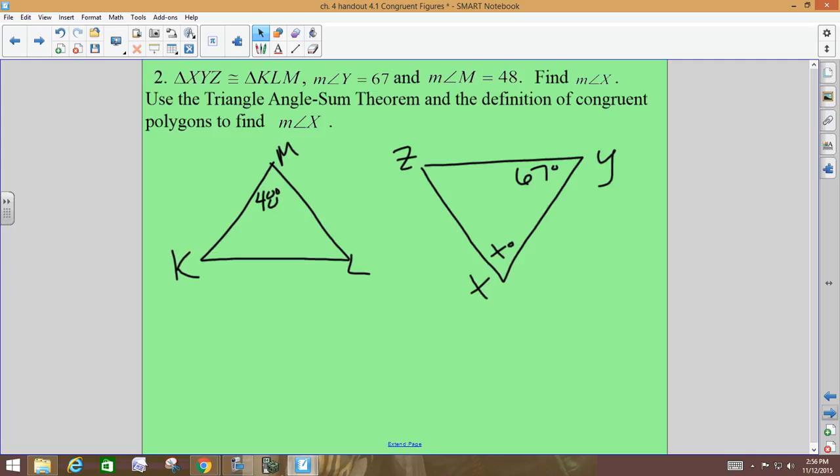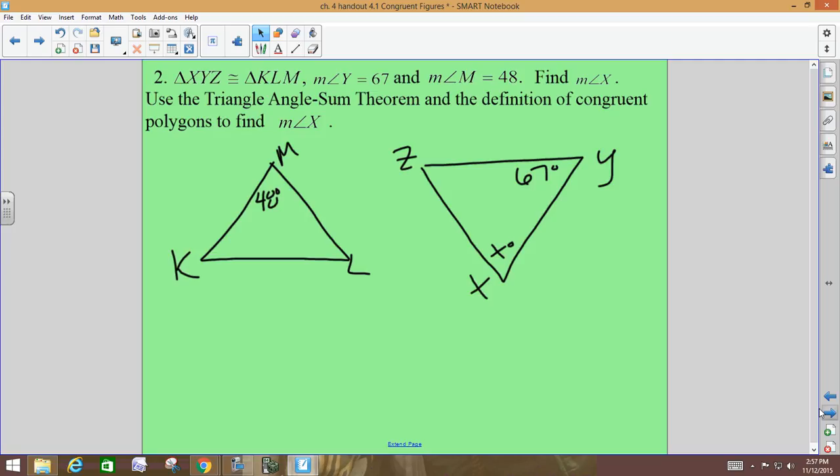What do you think? Any thoughts on how we can do this? Zach? Triangle angle sum theorem? How so? How do you know M is congruent to Z? Because of what?